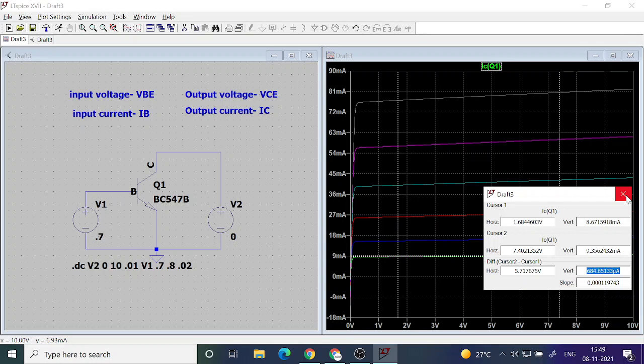It depends on the configuration also how exactly this changes. If you take another configuration, you can do the opposite also. Like in the common collector configuration, the input resistance and the output resistance will be an entirely different thing. Input resistance is going to be very large and output resistance is going to be very small. That's a different configuration, but nevertheless there is a difference.